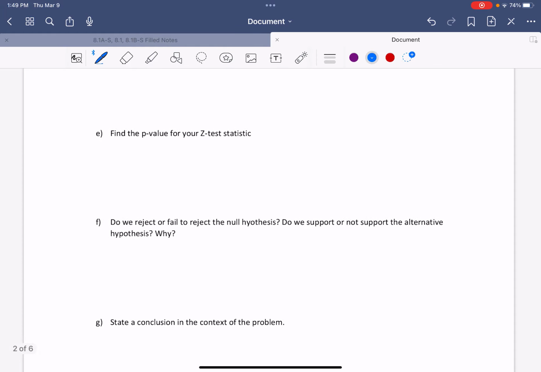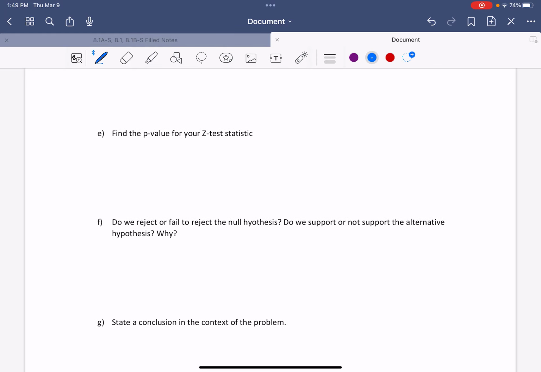Okay, part E. Find the p-value. All right, p-value. And again, on the formula sheet, it's even telling you what to do. It's telling you to use the normal CDF, right? So p-value equals the normal CDF. And actually, you know what? Before I write that, let me write it out in the probability notation first, which I'm not requiring, but I still like to have it. I know it's helpful for some people.